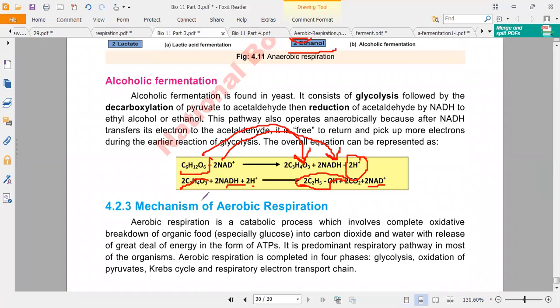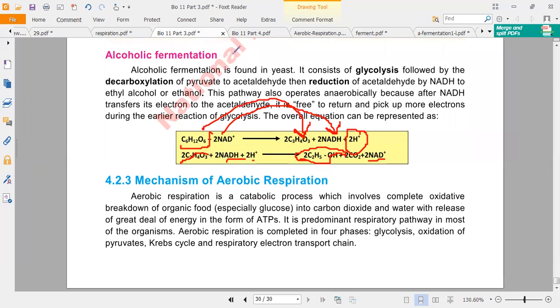Okay, so dear students, now we will see the mechanism of aerobic respiration. Before, we have seen the mechanism of anaerobic respiration, and now we'll see aerobic respiration, which is a catabolic process in which glucose is broken down in the presence of oxygen.